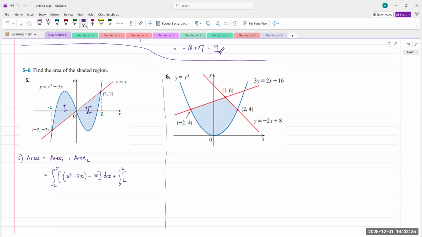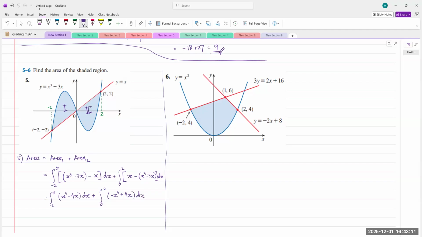The upper function, that's x, minus the lower function, x cubed minus 3x, dx. Now I combine like terms: the integral from -2 to 0 of x cubed minus 4x dx plus the integral from 0 to 2 of negative x cubed plus 4x dx.